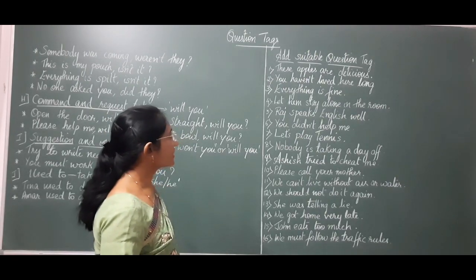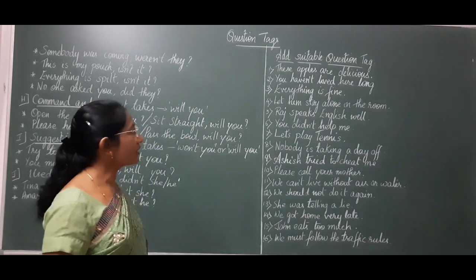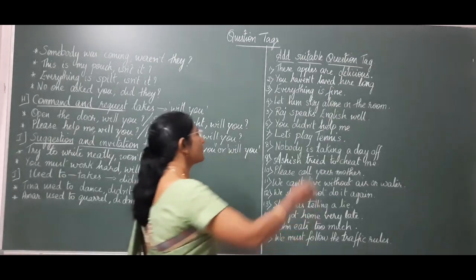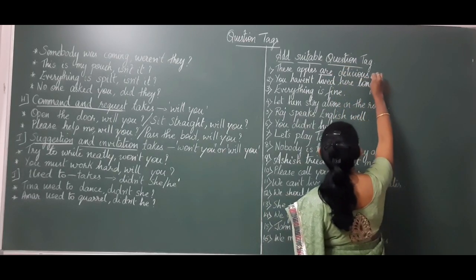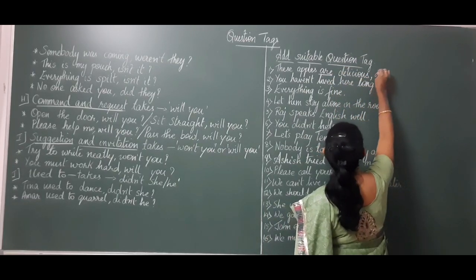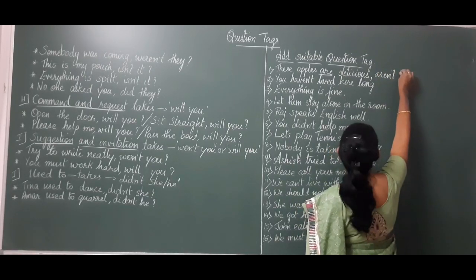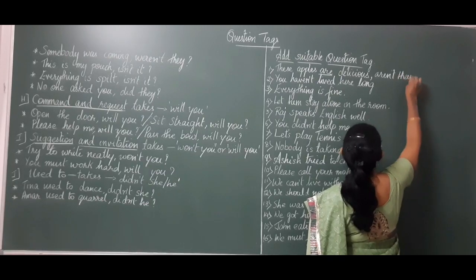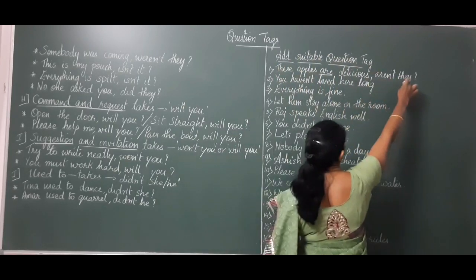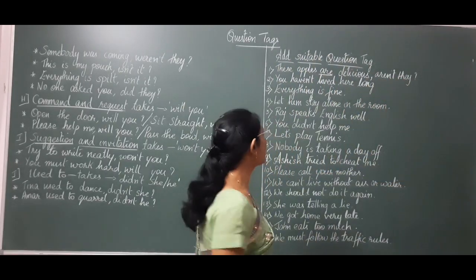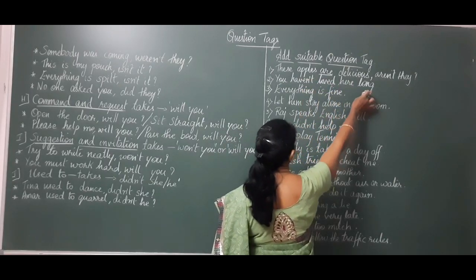Okay, now let us add a question tag to the given statements. These apples are delicious. It is a positive sentence. When we see the auxiliary, it is a positive sentence, so you take a negative tag: aren't they? Since these is a plural form, we take they in the question tag. You haven't lived here long.